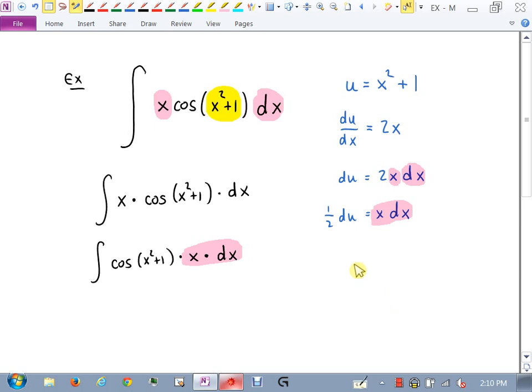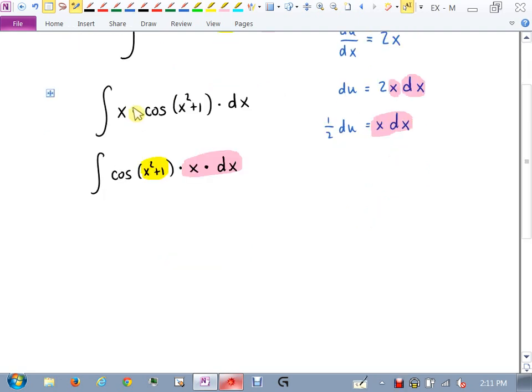All right, so I'm going to replace my x dx with what? 1/2 du, and I'm going to replace my x squared plus 1 with what? U. And the cosine doesn't get replaced. It just stays there, right? So this is going to become a new integral. I like to put an arrow for a new integral because it's not exactly the same because I've changed the variables.